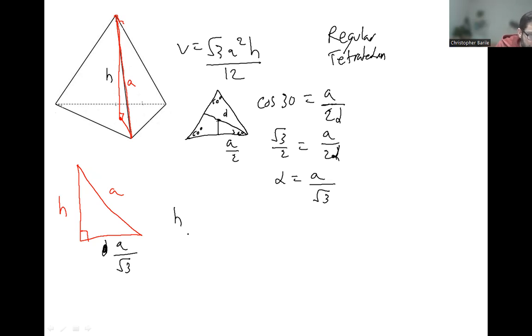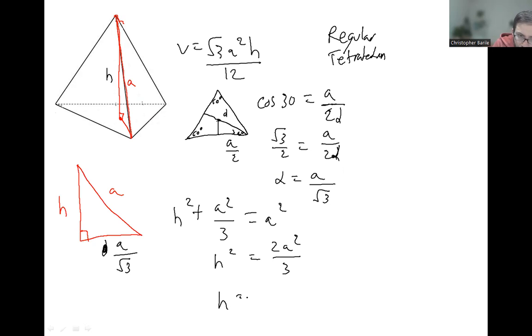So A squared plus B squared equals C squared. The hypotenuse is A here, so that's the C squared. So H squared plus A over root 3 squared, which is A squared over 3, equals A squared, the hypotenuse. And so H squared actually equals 2/3 of A squared.